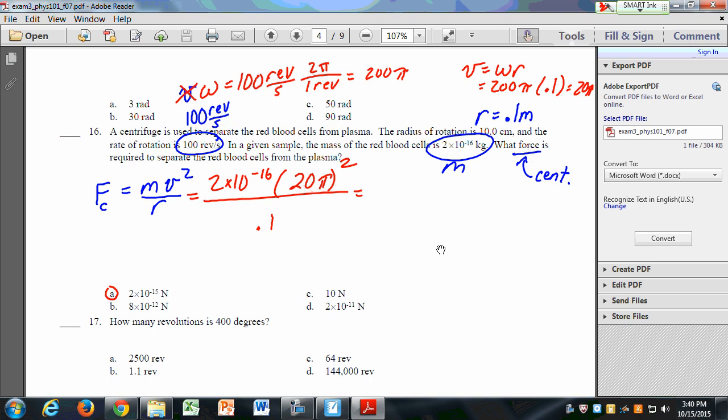No, it's B. 8 times 10 to the minus 12, yeah. All right. So let's see, that's follow 7, that's exam 3. That's a good problem. You'll potentially have something like that. 8 times 10 to the minus 12.